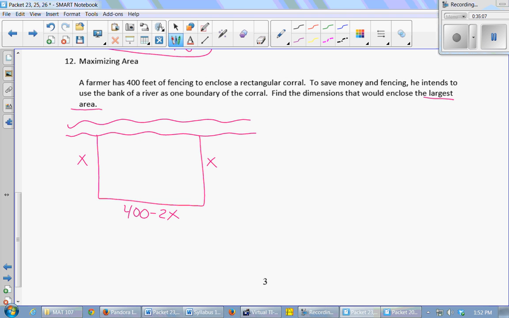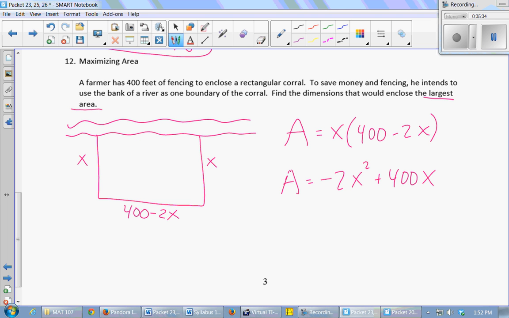What is the area of this corral that I just built? x times 400 minus 2x. If you distribute that x, you would get negative 2x squared plus 400x. That's a quadratic function. Can you find the maximum, right?